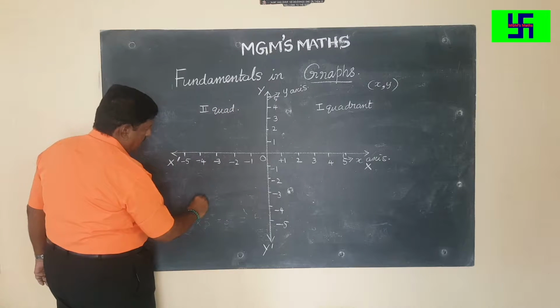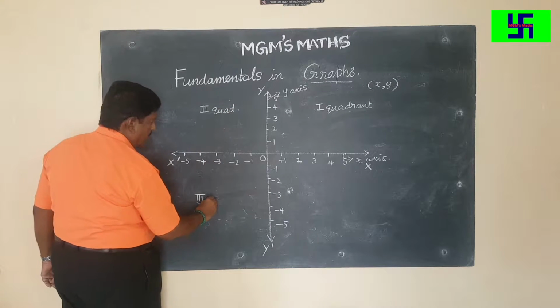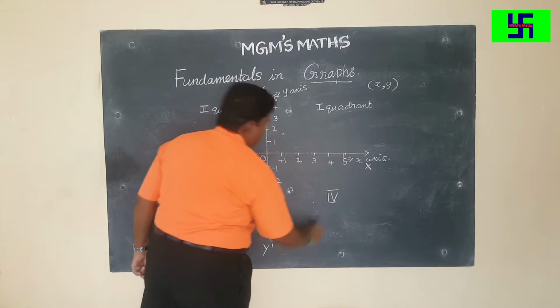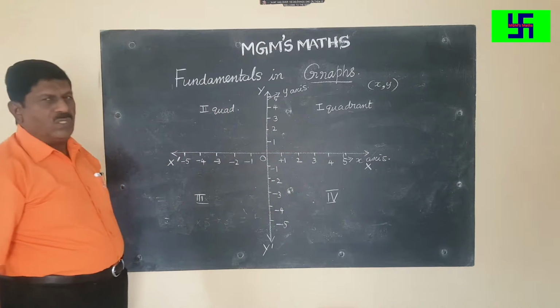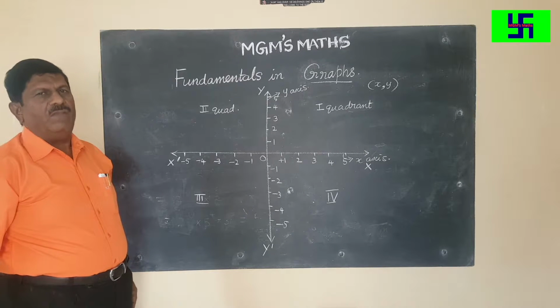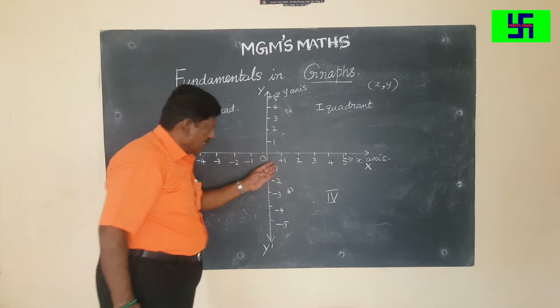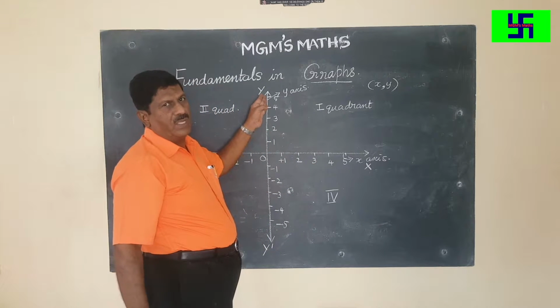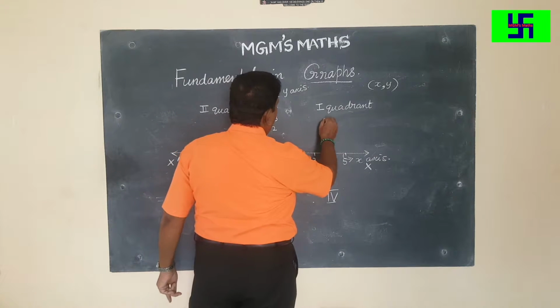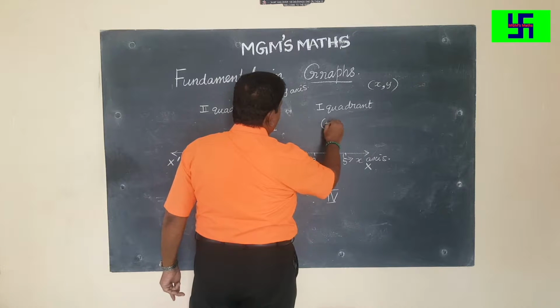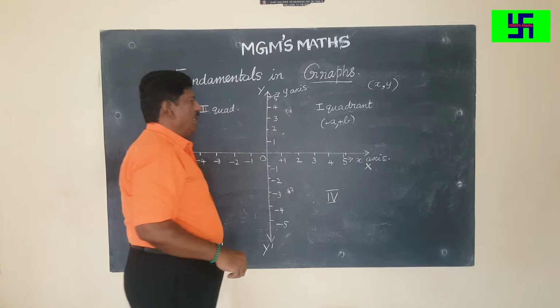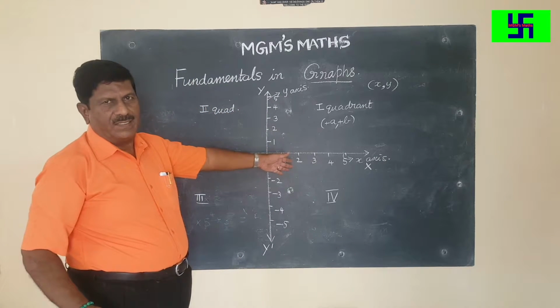This is the third quadrant and this is the fourth quadrant. In the first quadrant we will have the x-axis with positive numbers, y-axis also with positive numbers. So a point of the form plus a, plus b will be in the first quadrant.